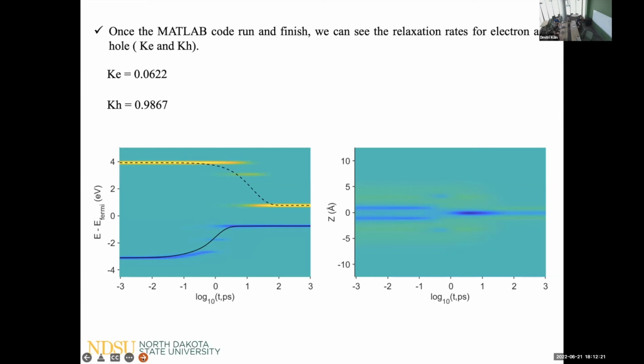Can you comment on this? This one is just for the spin up as an example. Okay. So I didn't get your second part of the question. If you just keep going similar excitation energy for spin down, would it look the same or different? No, different. I think it should be different.